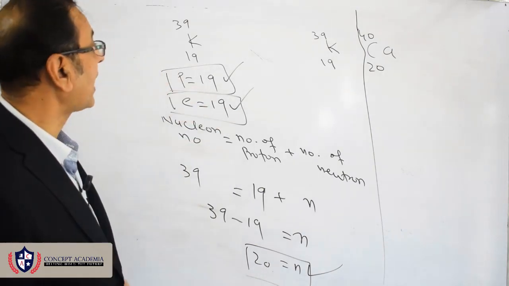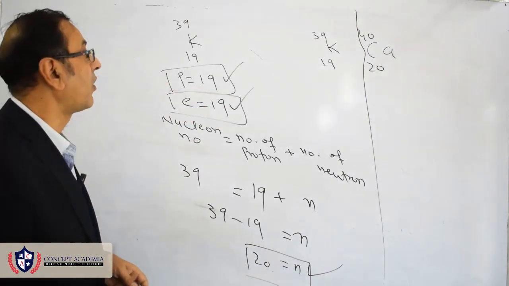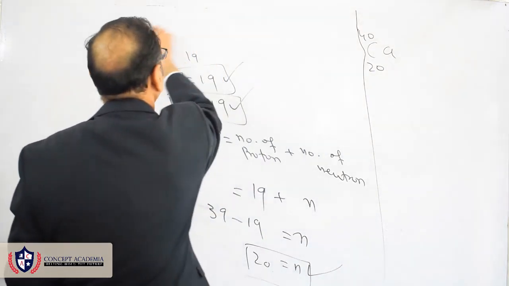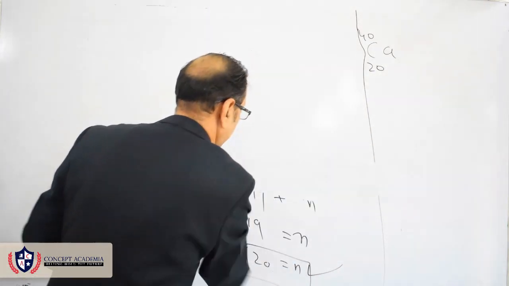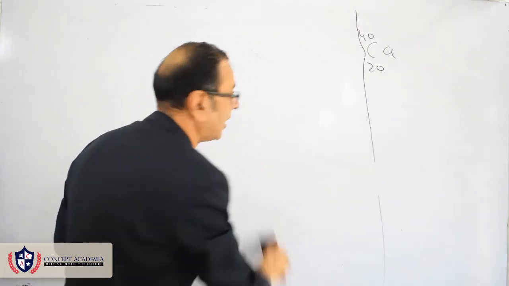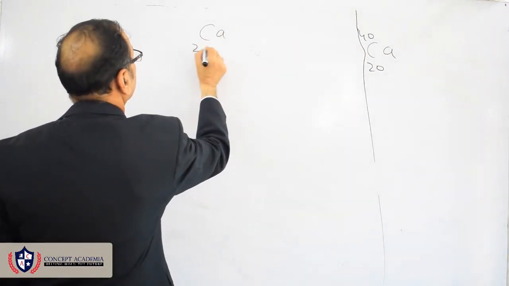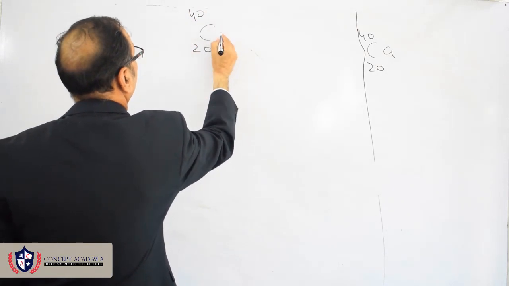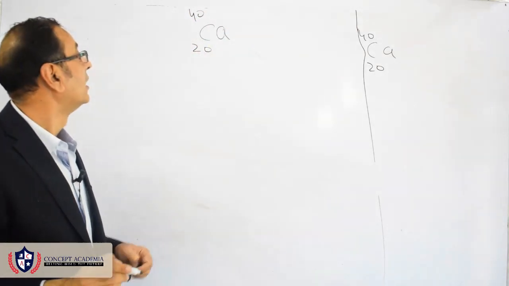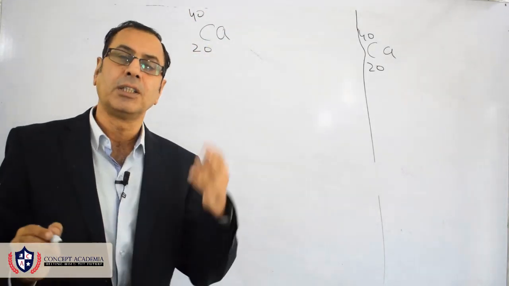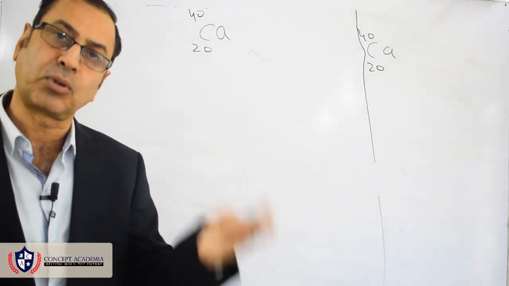So this is about potassium. Now I'm going to solve it for calcium. In case of calcium, it is 20 and 40. So 20 is the smaller number, 20 is the proton number.